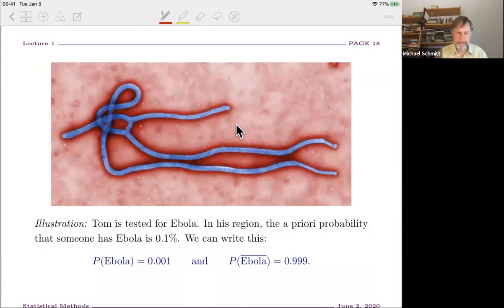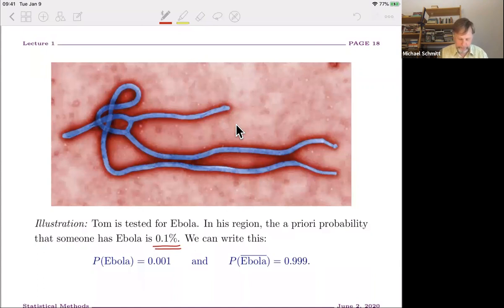conditional probability, and this has a point to it. It's not just an illustration. So let's imagine we know a guy named Tom, and he lives in a place of the world where the a priori probability that someone has Ebola is 0.1%. Okay, so it's small, but not negligibly small. And then he's tested for Ebola, okay?